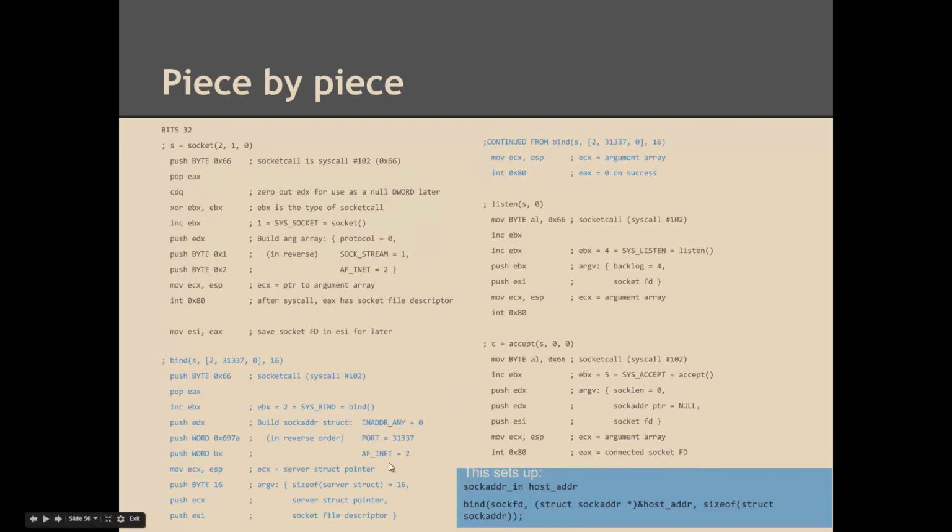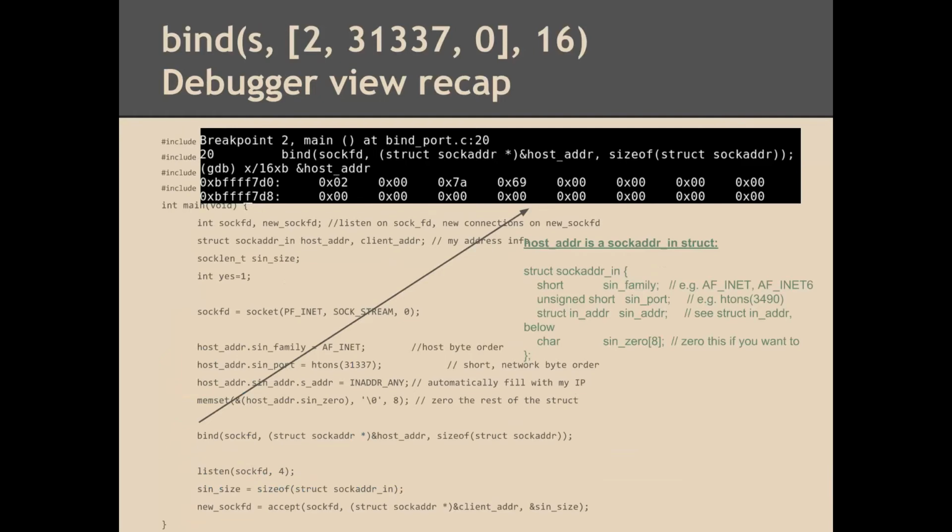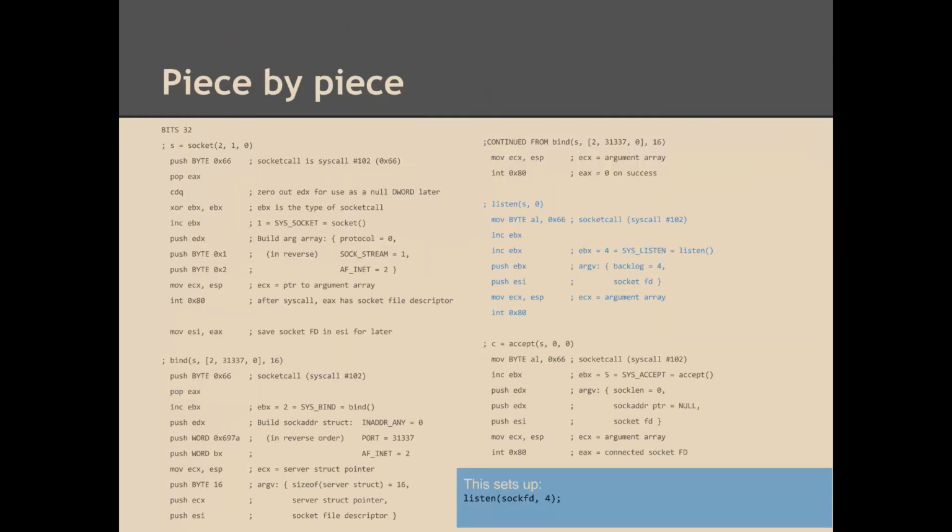And then this sets up the bind, the socket, to the established sockaddr struct that specifies the IP address, which was any IP address, the port, and then the internet family. And this shellcode simply just sets up the socket call for listen.